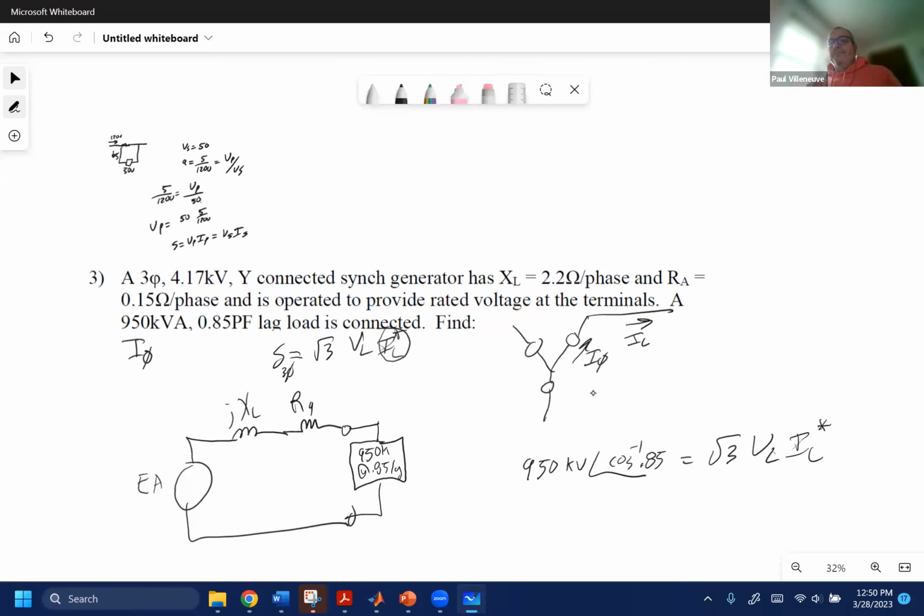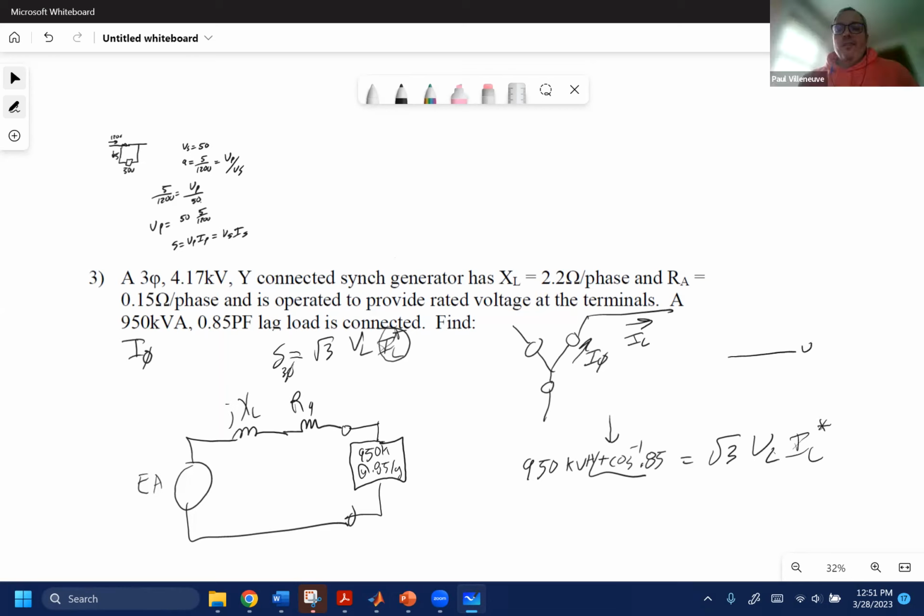Solve for IL. Before I go too far, is this a plus or minus cosine that's associated with S? Positive. Why is it positive? Since it's a lagging power factor, the current will be lagging.